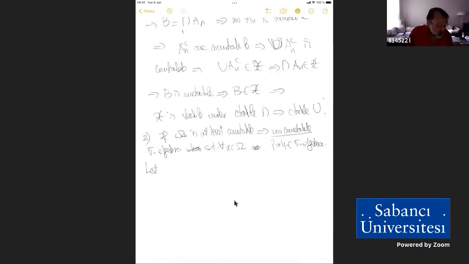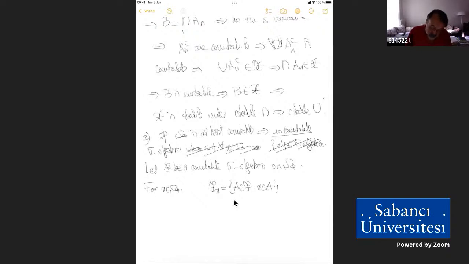So let F be a countable sigma algebra on omega. For x in omega, I will denote by F sub x all the elements of the sigma algebra which contain x.